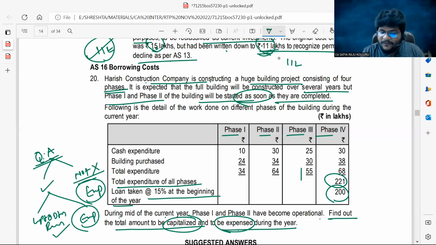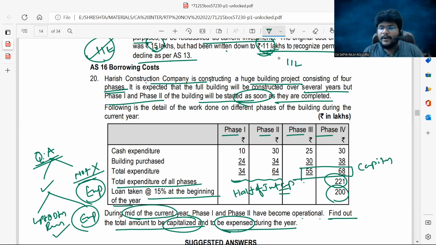For phase 3 and phase 4, whatever interest they incurred should be capitalized straight away, because those were not completed, not operational. Coming to phase 1 and phase 2, only the interest of the period before they became operational is capitalized. Why? Those were operational at the mid of the current year. Mid of the current year means for 6 months itself the asset was ready for use.